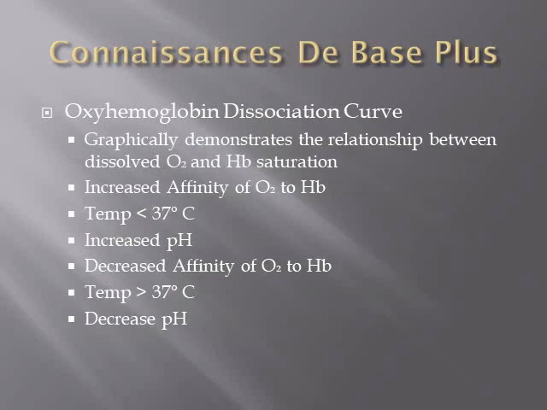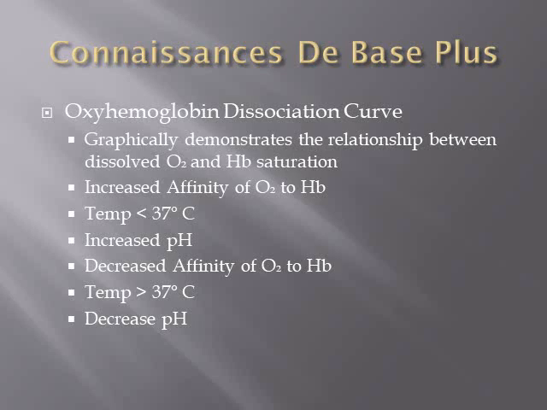This is French, by the way. We have the oxyhemoglobin dissociation curve. It's just a small S-shaped graph that shows you the relationship between your hemoglobin saturation, or in this case the SaO2, versus dissolved oxygen. And there are things that will increase the affinity of oxygen for hemoglobin, which are a temperature lower than 37 and a higher pH, alkalosis.